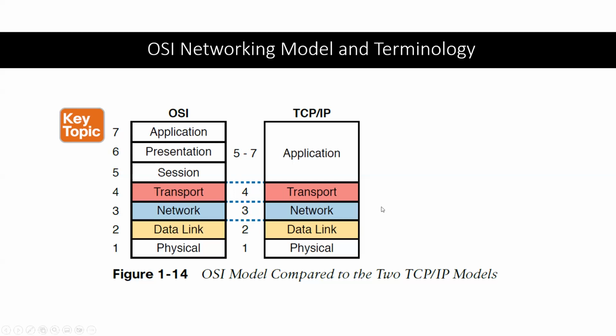That the session, presentation, and application all take place during the application layer, layer 5, of the TCP/IP. Boom, simple as that. The OSI reference model, if you want to get the nitty gritty, is a reference. You can take a look and see which protocols operate at layer 7, layer 6, and layer 5. Make sense? Yes, sir.